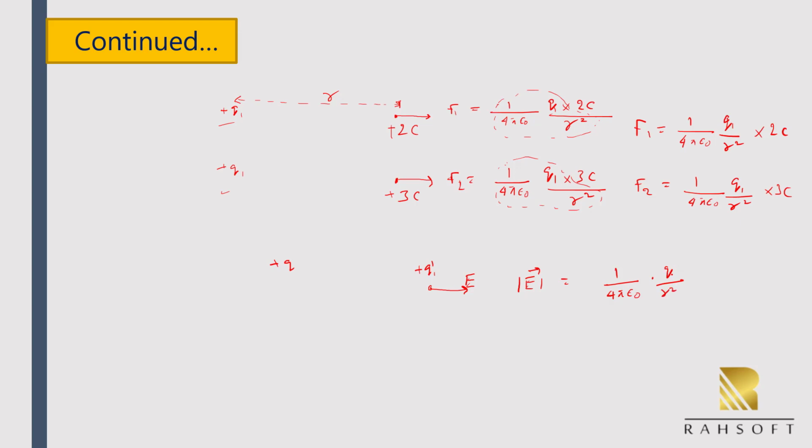You can note here that I am taking the source charge here, not the point charge which was just brought close to the source charge. So this is the electric field intensity.